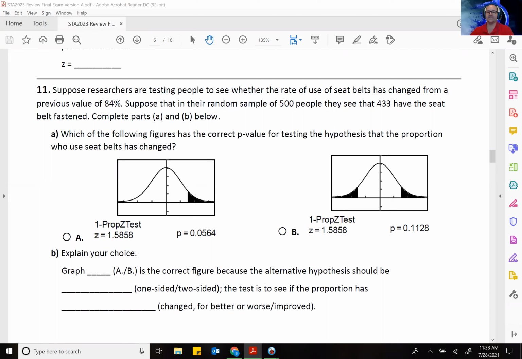The test is to see if the proportion has blanked. Changed, for better or worse, just like what Lewis said. They didn't ask if it improved. They just said, has it changed?